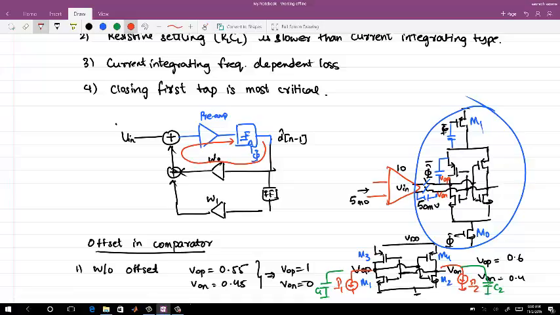So you are seeing, right? Let me call the input node X and the output node Y of this whole loop, from the clocking instant to the coming back. So do you think I can do something to the first tap loop?